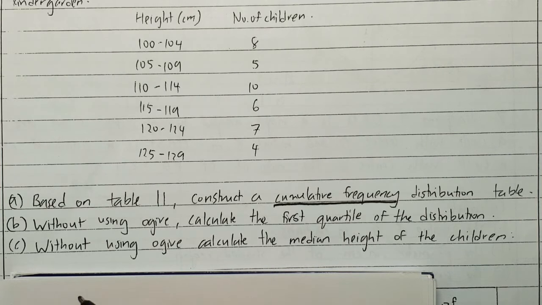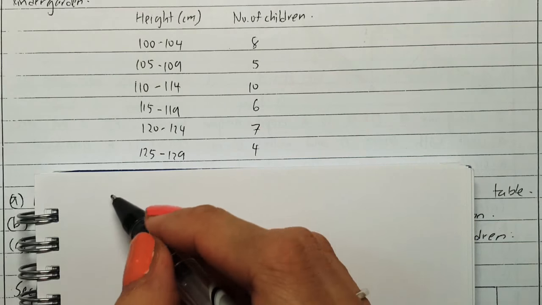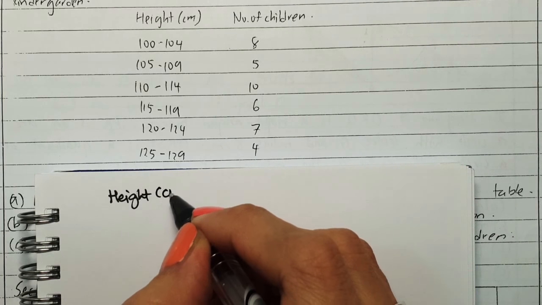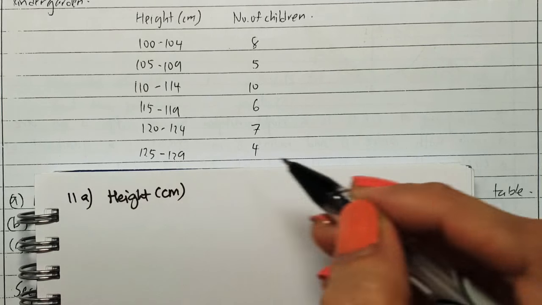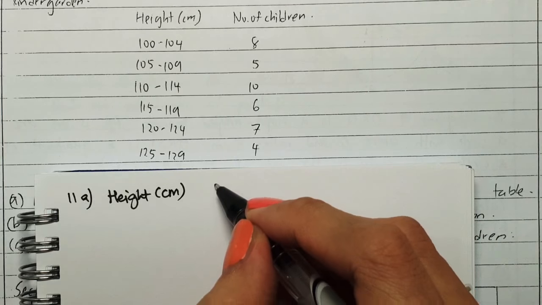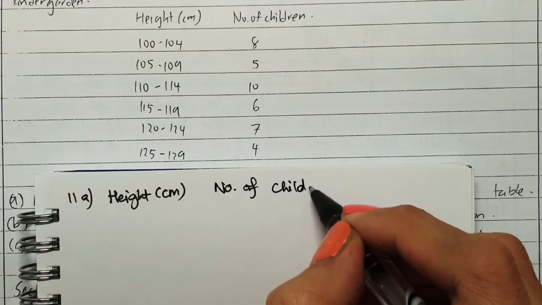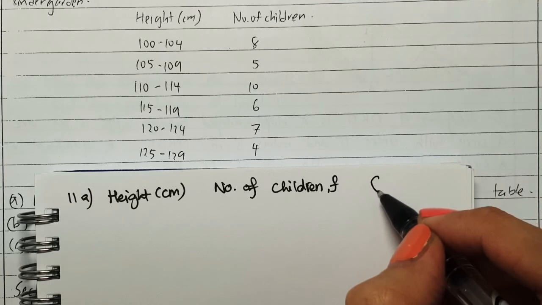So we will still have the same items over here. We have the height in cm, and then we will have the frequency, number of children, or you can just write f, and then we have cumulative frequency.